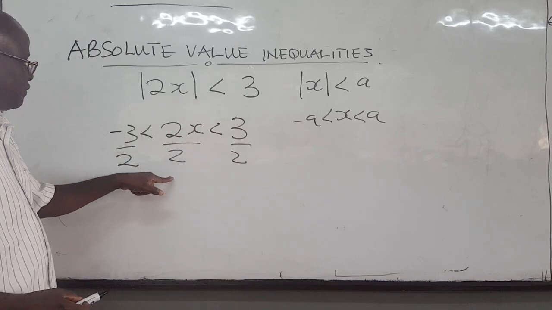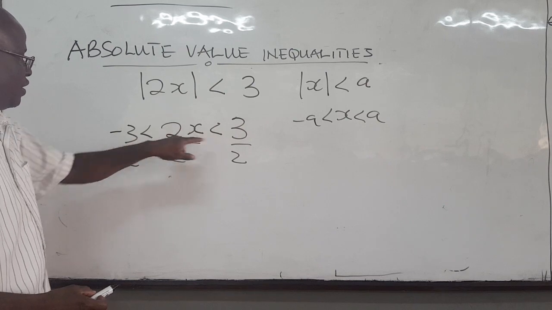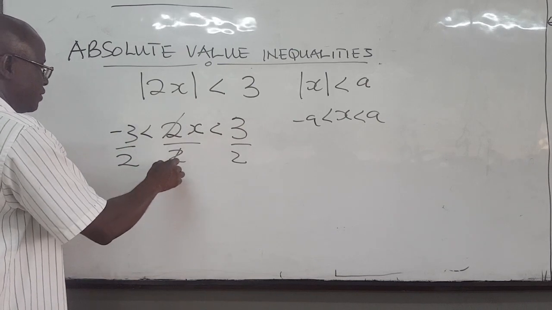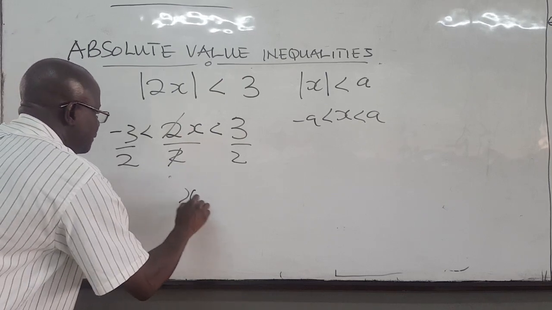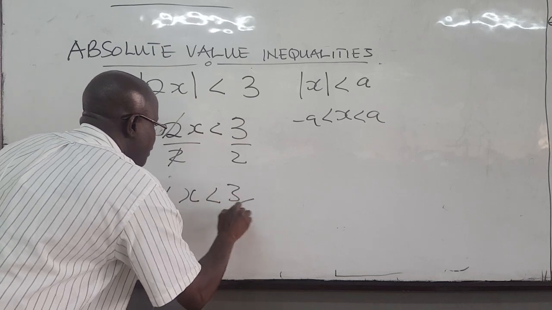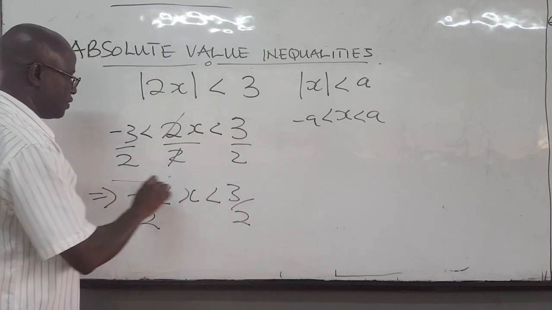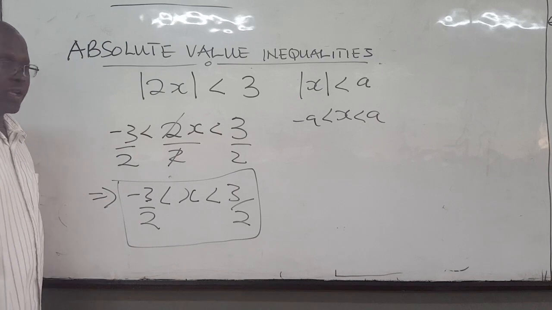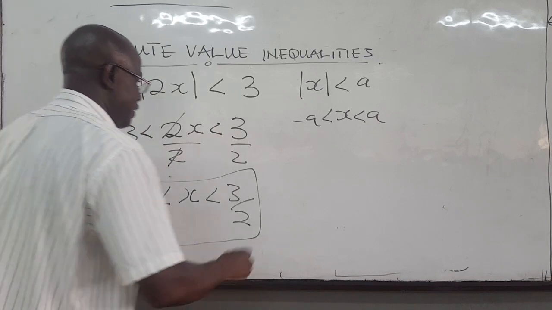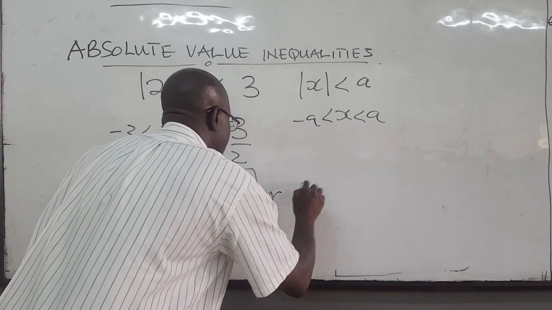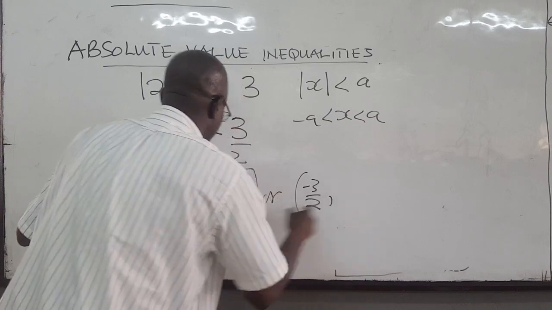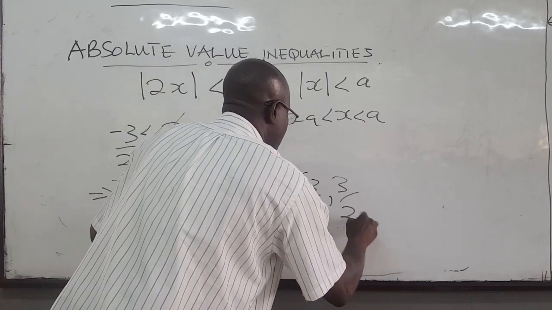Because 2 is positive, the signs of the inequalities remain the same. You don't have to switch them, right? So this cancels out, and so you get x lies between negative 3 on 2 and 3 on 2. So this is the solution set that satisfies this inequality. You can also write this in another way, from negative 3 over 2 to 3 over 2.